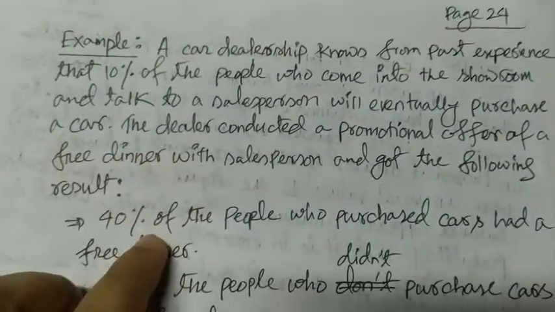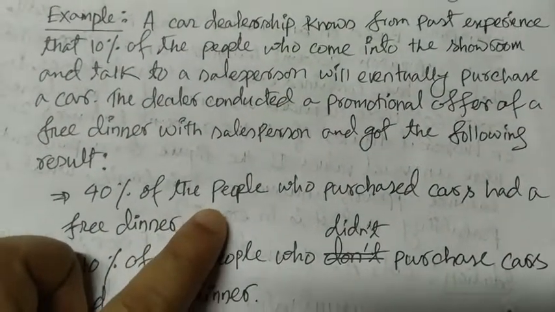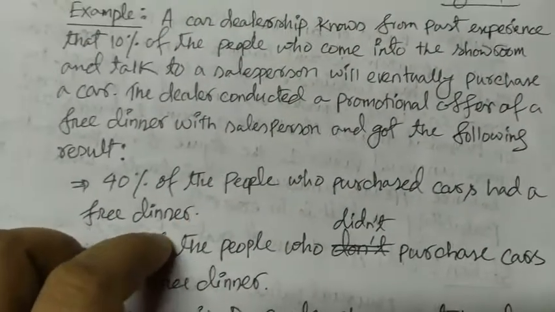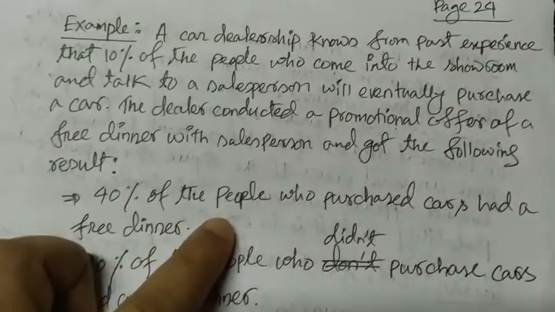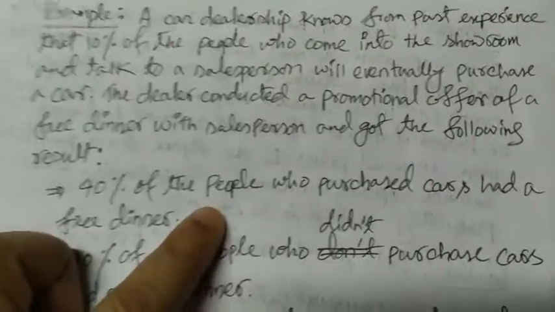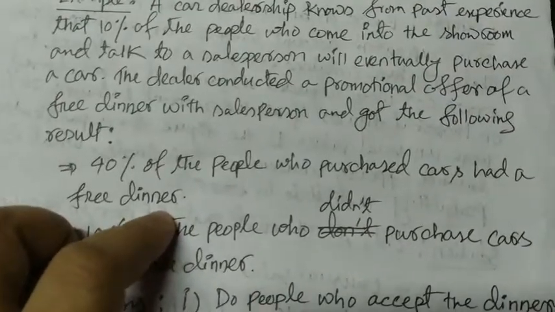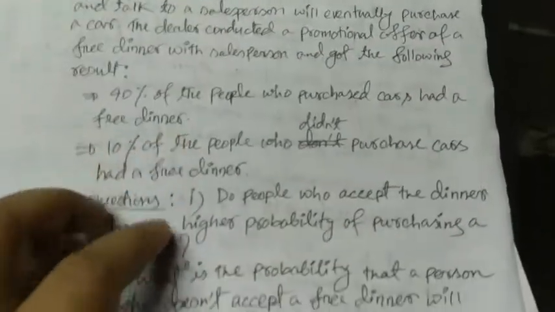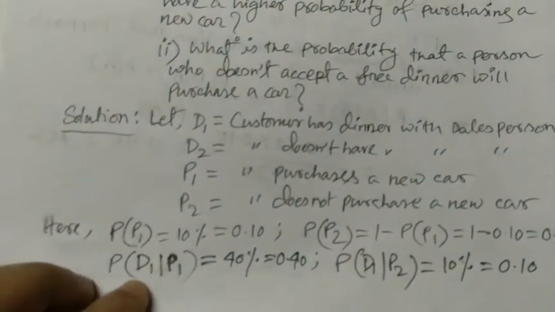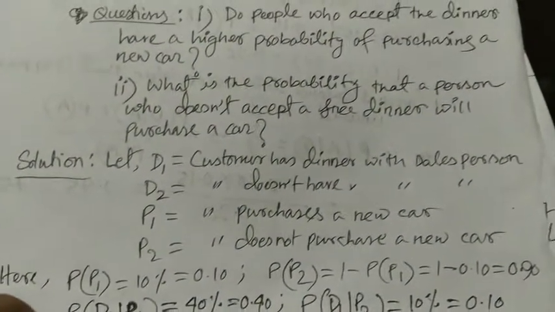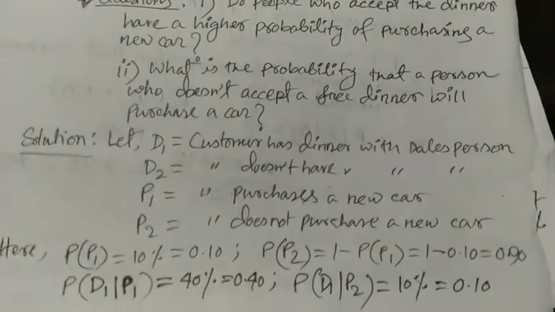Now here the question said that 40% of the people who purchased cars had a free dinner. That means the probability of D1 given P1 is 40%.